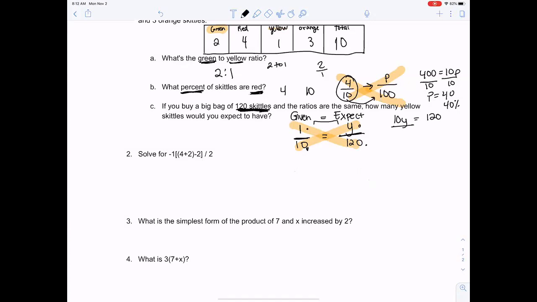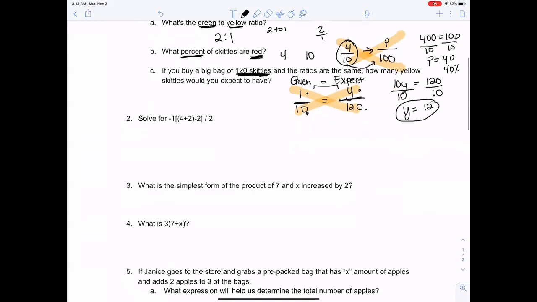And then I divide, because remember, opposite operation. If I'm being multiplied 10 times y here, I want to divide by 10. And I do that on both sides. I have y equals 12. I expect to have 12 yellow Skittles in a big bag of 120.